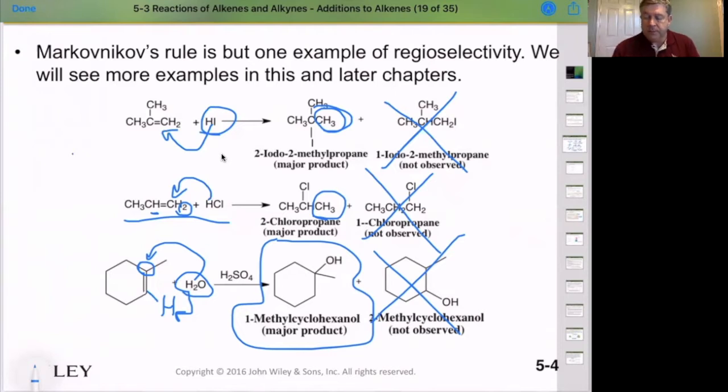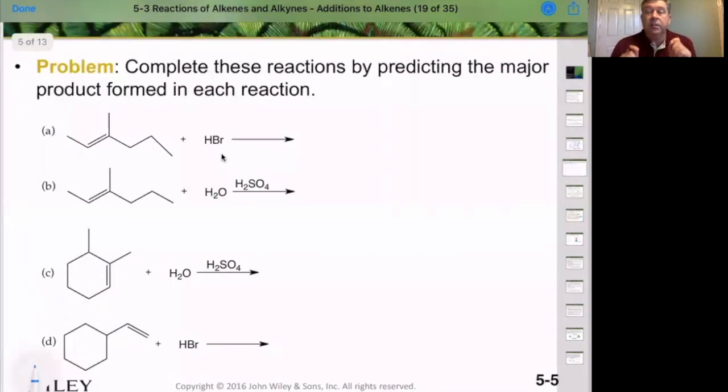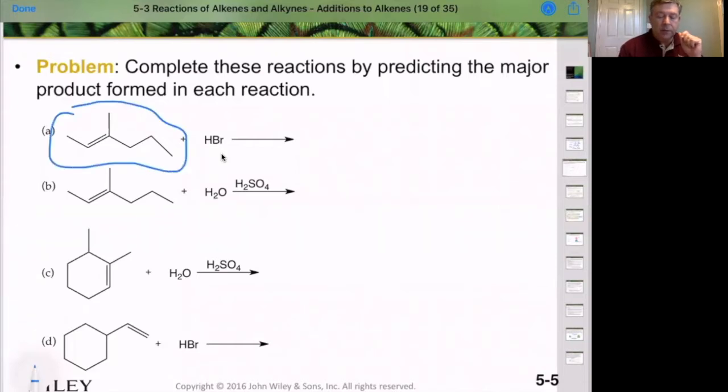All right, let's do some other examples. Just learning Markovnikov's rule, we can now predict what the product will be here. Notice that when we draw these skeletal structures, you have to remember where the hydrogen is. This is the only hydrogen on the double bond, which means the hydrogen must end up on that carbon.